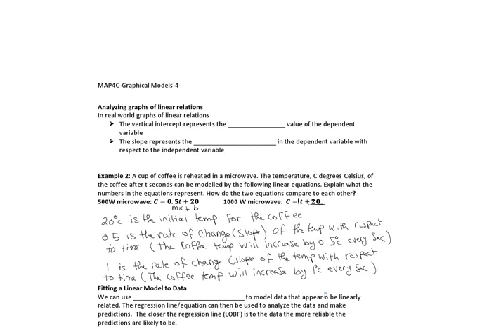So when you're analyzing graphs of linear relations, the vertical intercept represents the initial value of your dependent variable, which means, let's say we're talking about your monthly plan that you pay for your phone, okay?